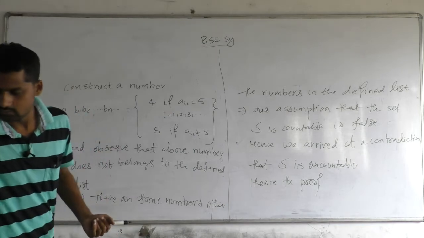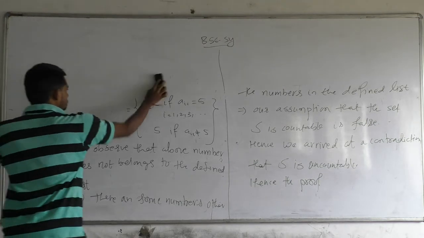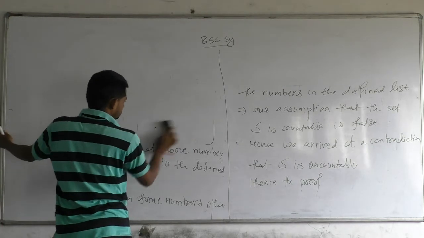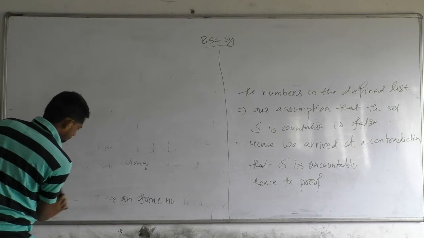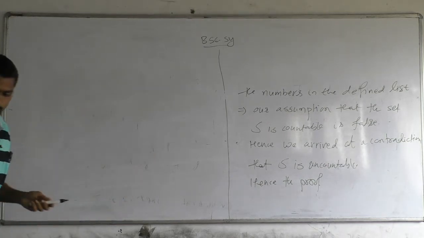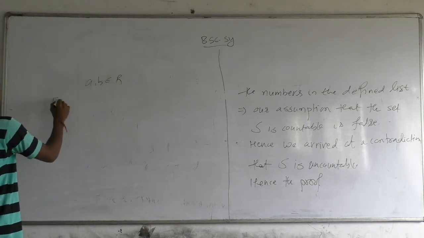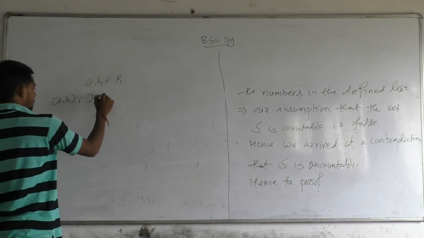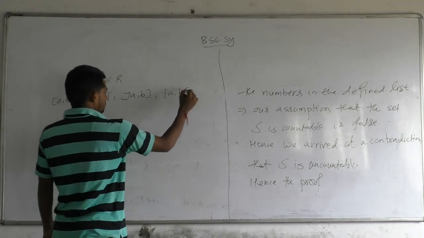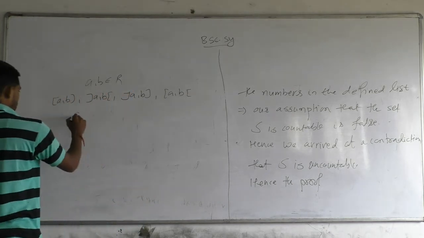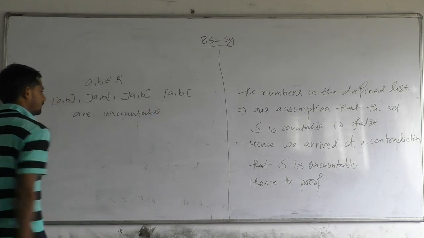Now, from this, we can also write: if a, b belong to R, then all intervals, the closed interval [a, b], the open interval (a, b), and the semi-closed or semi-open intervals, are all uncountable.